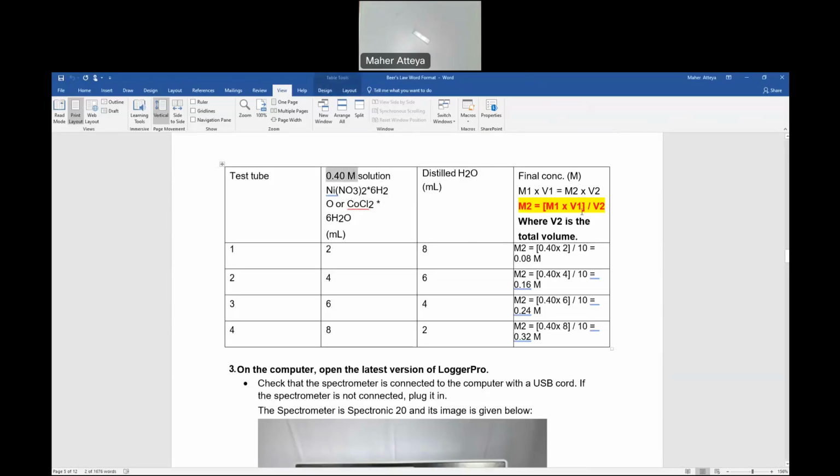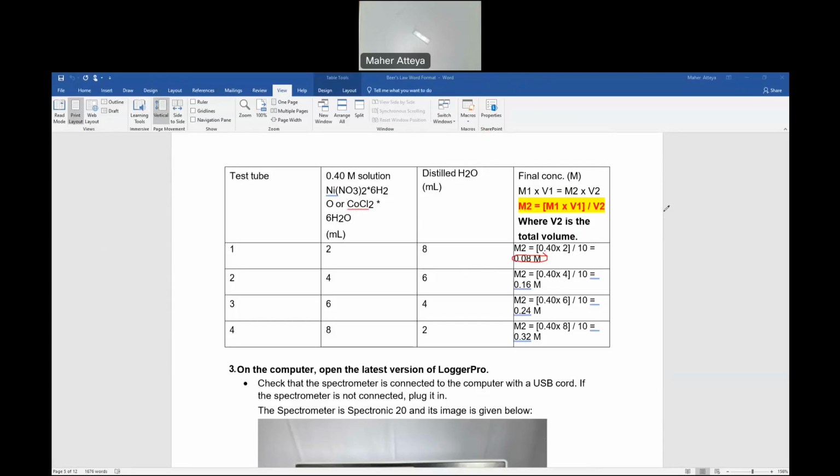So I did for you the dilution law here, and the concentration is here, 0.8. So this is your concentration after the dilution.